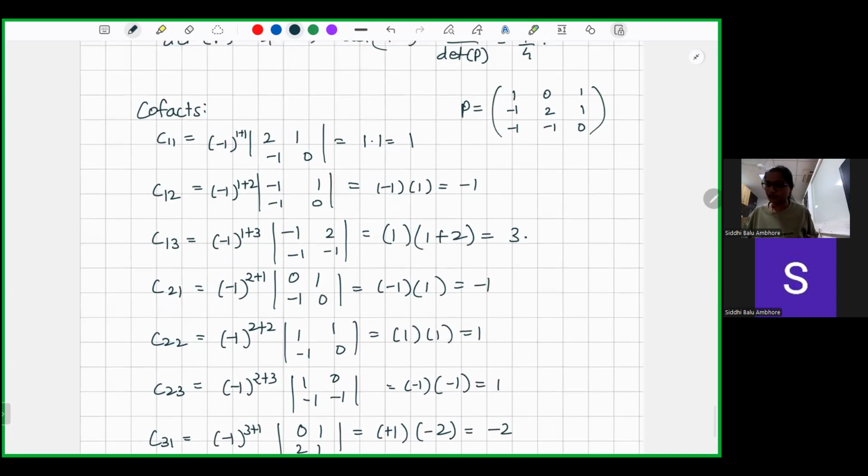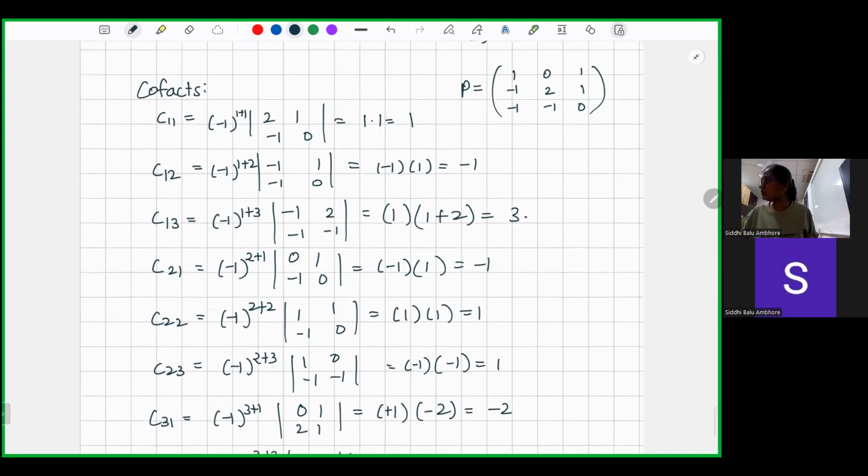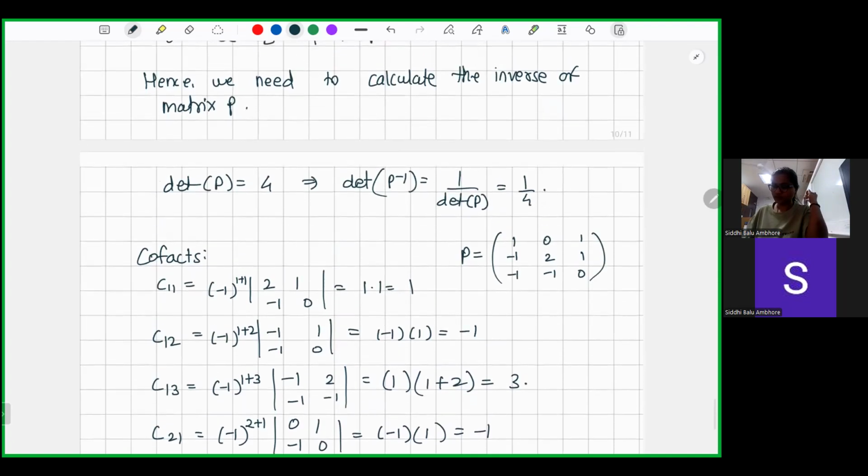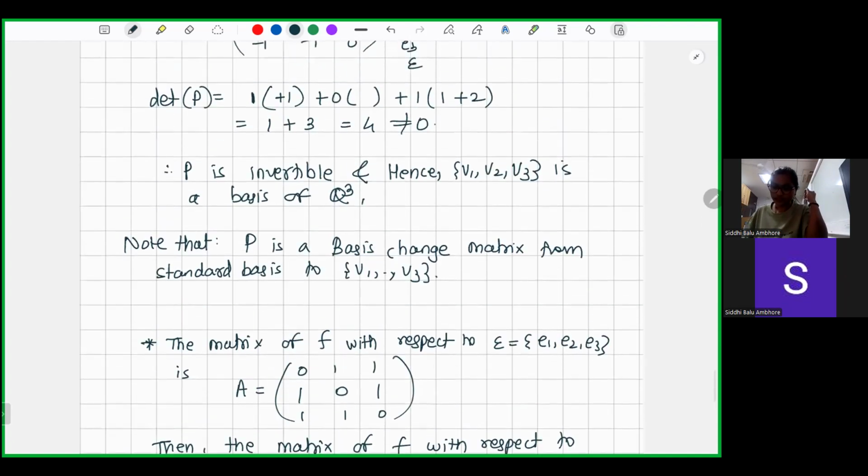I hope I wrote this correctly. For C33, it will be... did I write the last entry correctly?